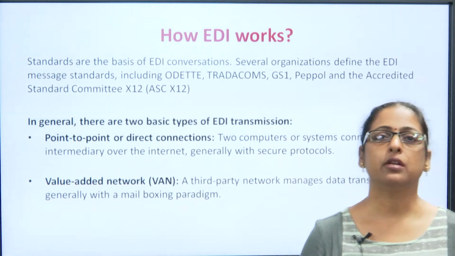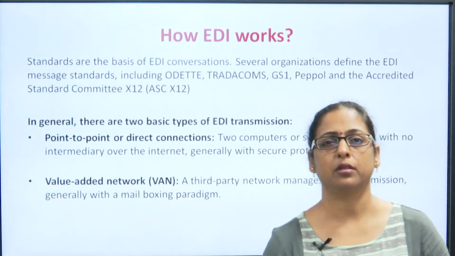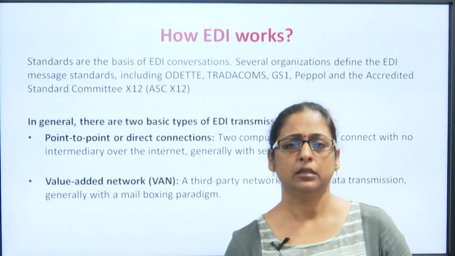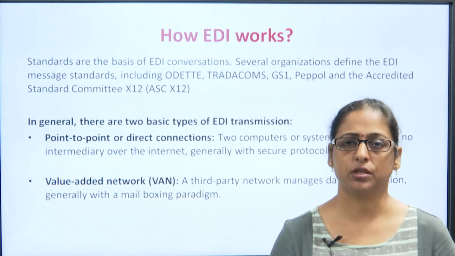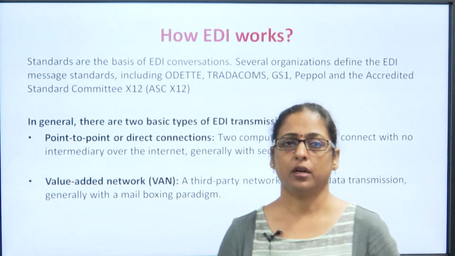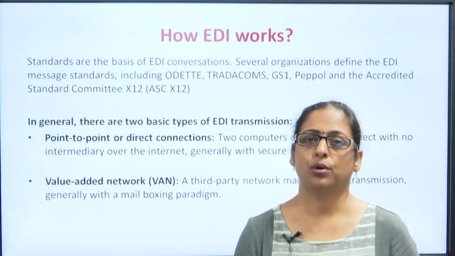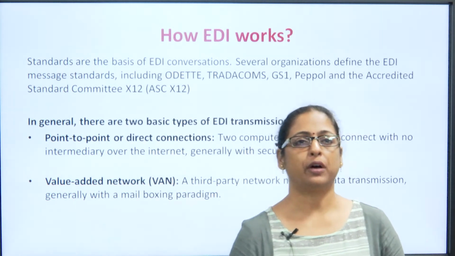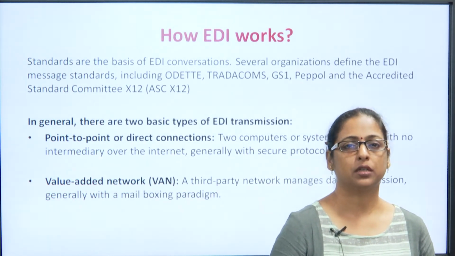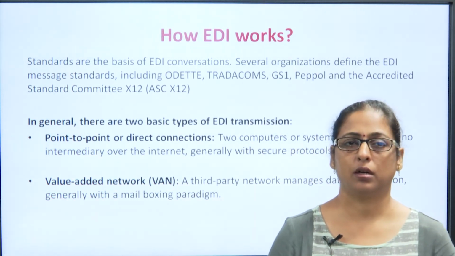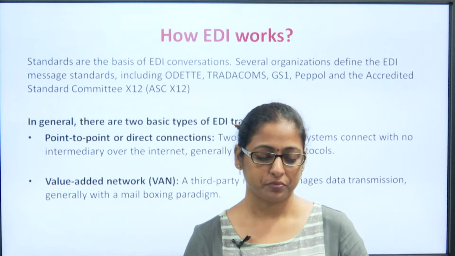That means they are generally secure protocols, which can be in the form of LAN or so, or even through a gateway system, the data sharing methods which one company has allowed to the other. So, over here no internet connectivity is required, while in the case of a value added network, a third party network manages the transmission, generally the mailboxing paradigm or so.